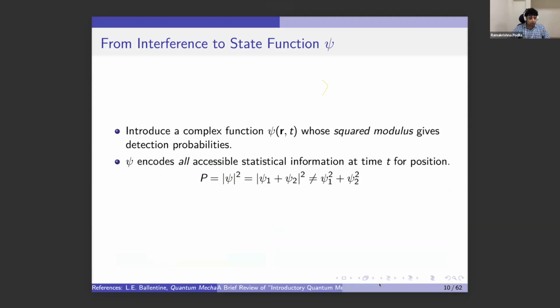So we're introducing this complex function called psi, and we have two slits: slit 1, let us say, and slit 2.